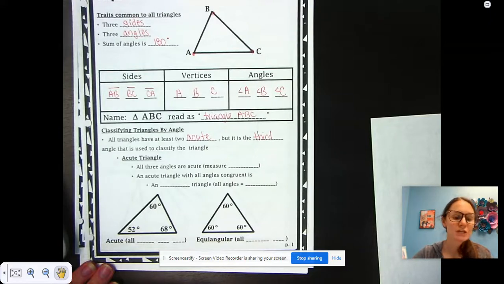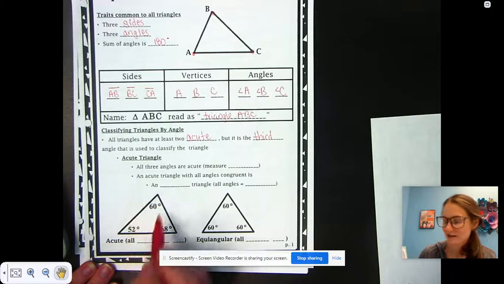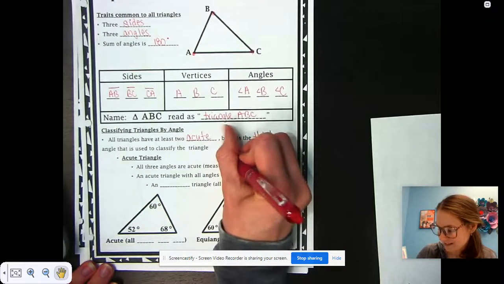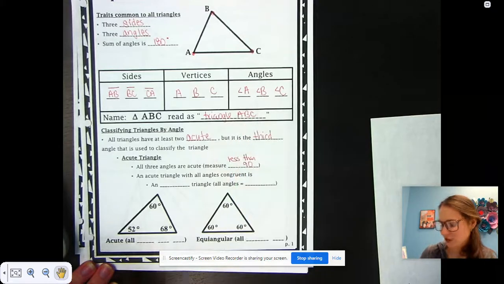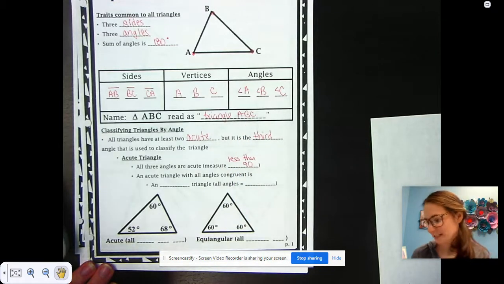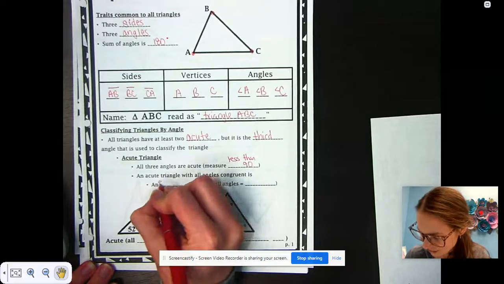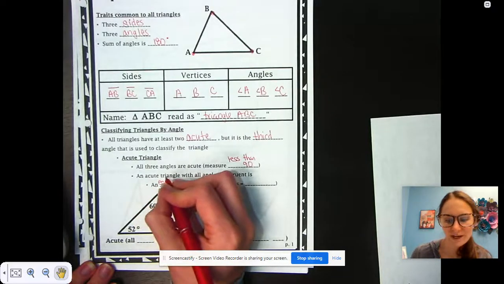Okay, so when we're looking at acute, all three angles are acute here. Okay, they measure less than 90. An acute triangle with all angles congruent is an equiangular triangle, kind of a funny word there, equiangular.